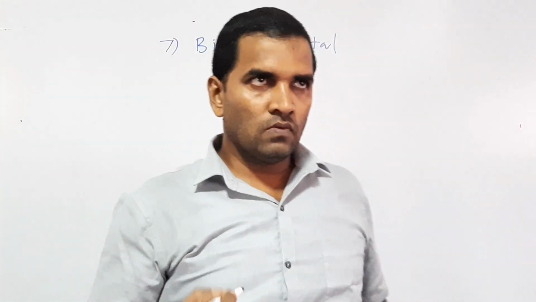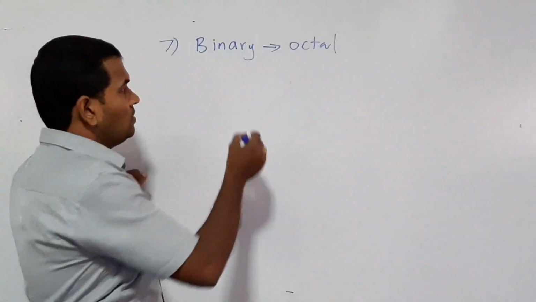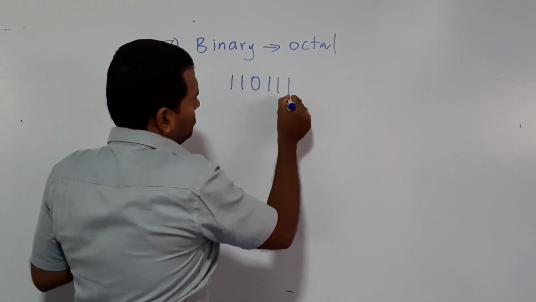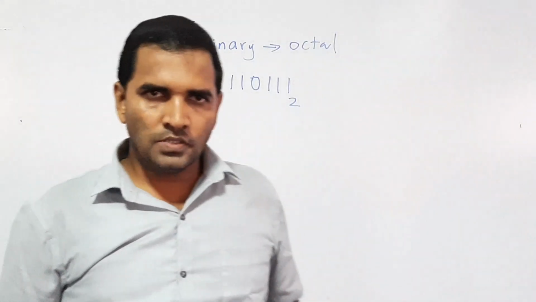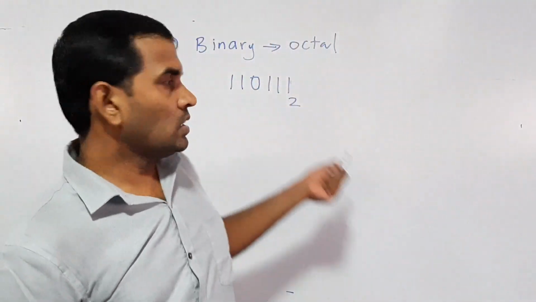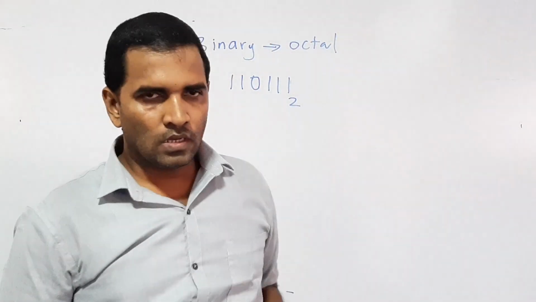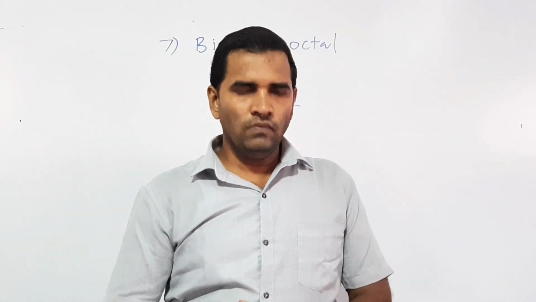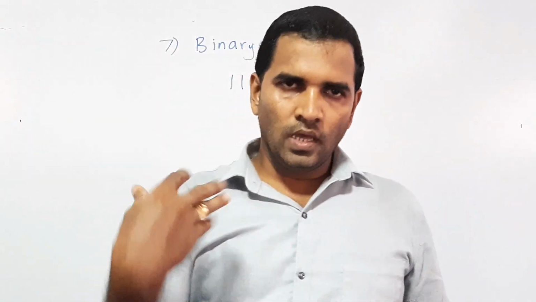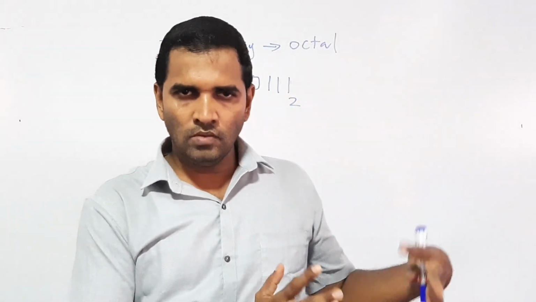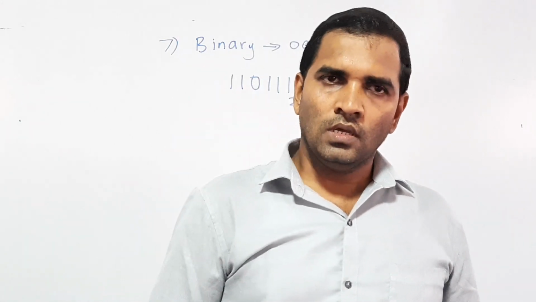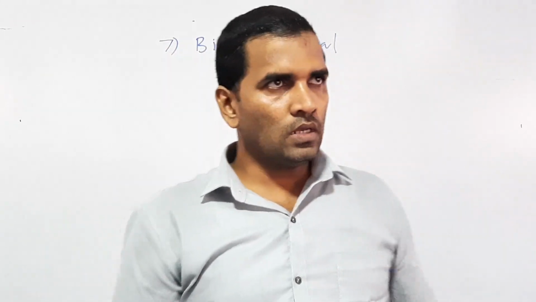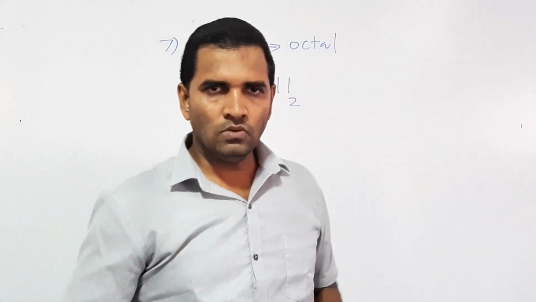So straight away I take a binary number. Let me take 1 1 0 1 1 1 base 2. It's a binary number. We have to convert this into octal. To convert this binary number into octal, even without any introduction, you can use the knowledge that you gained from the past 6 conversions.